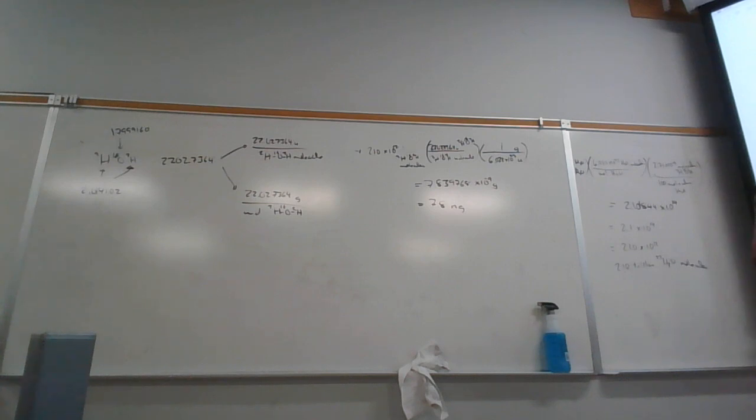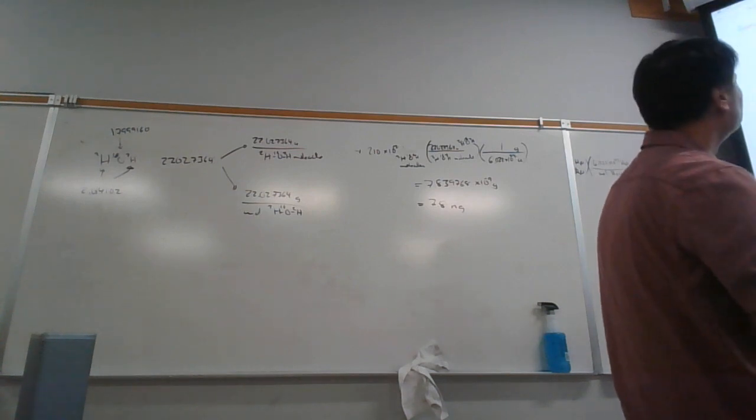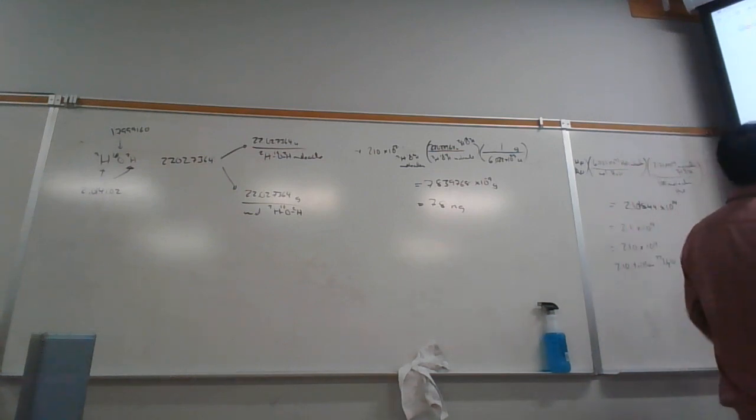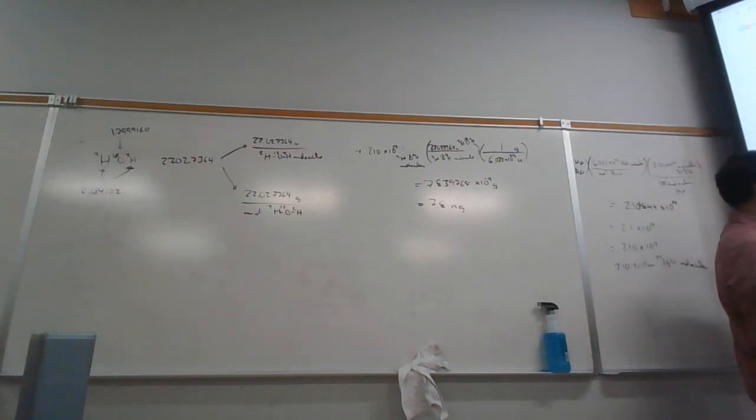I should say the AMU and gram relation. This is the one I remember. In physics, this is the one I learned. 1 AMU is equivalent to 1.66 times 10 to the minus 24 grams.